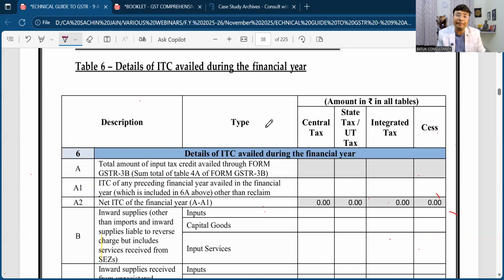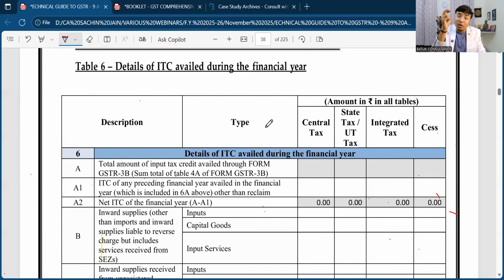But sir, the point is that in case of input tax credit, we are not providing any invoice wise details because GSTR 2 is not there. The initial stage of GST was GSTR 1, GSTR 2, GSTR 3. But GSTR 2 never came, GSTR 3 never came. They introduced GSTR 1, GSTR 2B, GSTR 3B.